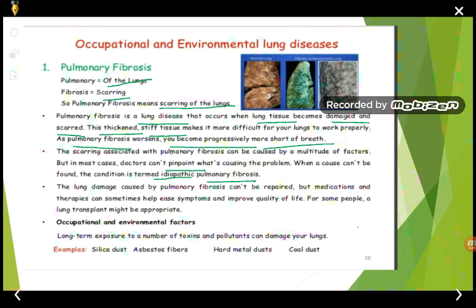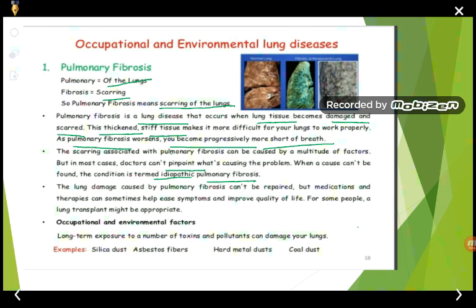When a cause cannot be found, the condition is termed idiopathic pulmonary fibrosis. So if they cannot find out the cause, किसके कारण thickening of the lungs हुआ है, then this condition is said to be idiopathic.